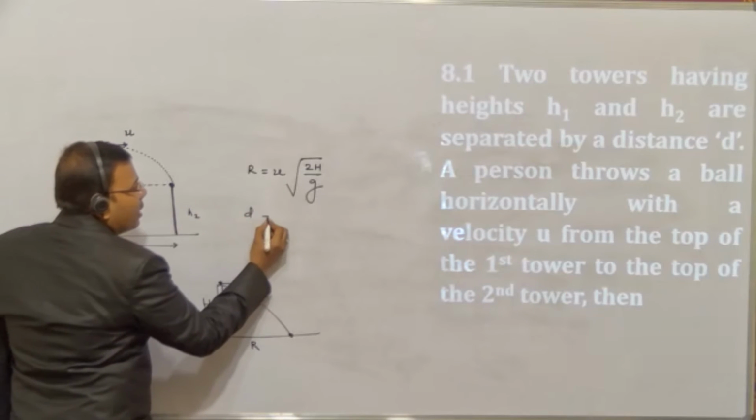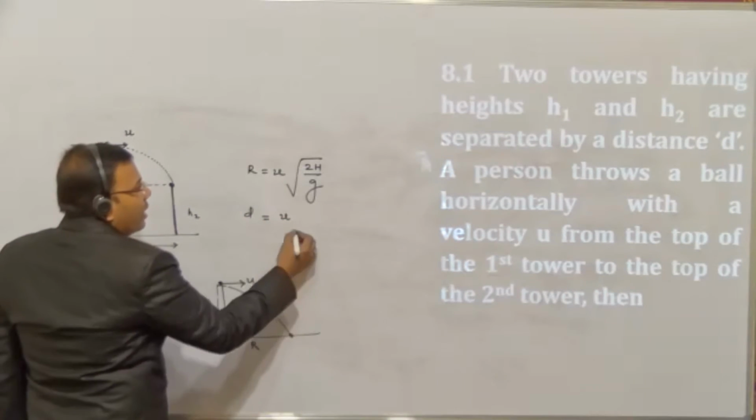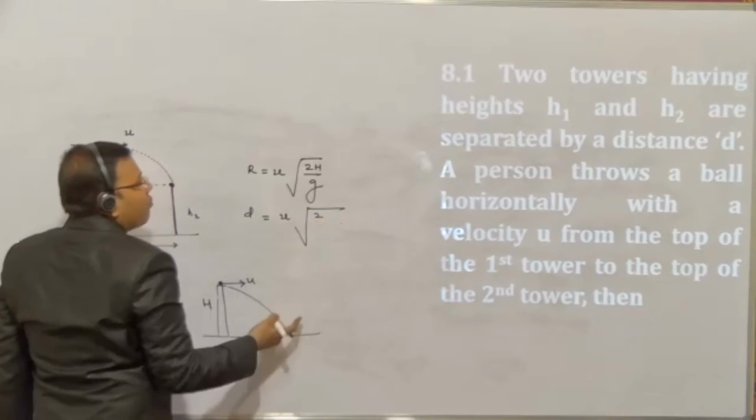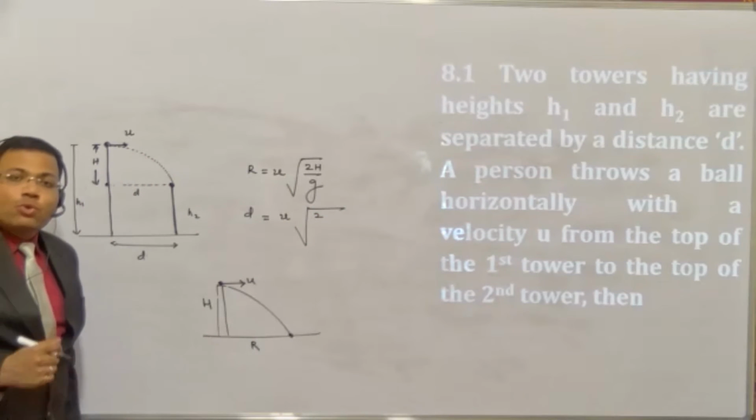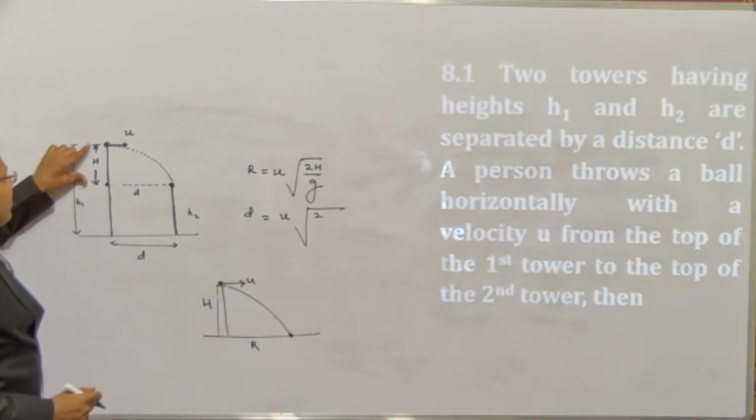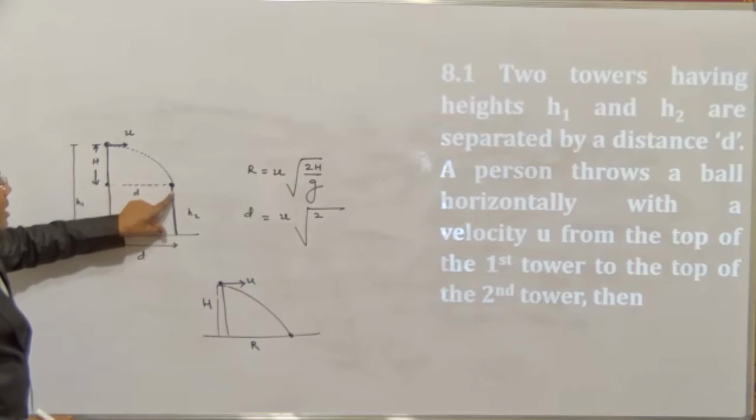So I will write d is equal to u into root of 2h by g, where the important thing we need to write is h. You can see clearly this h plus h2.